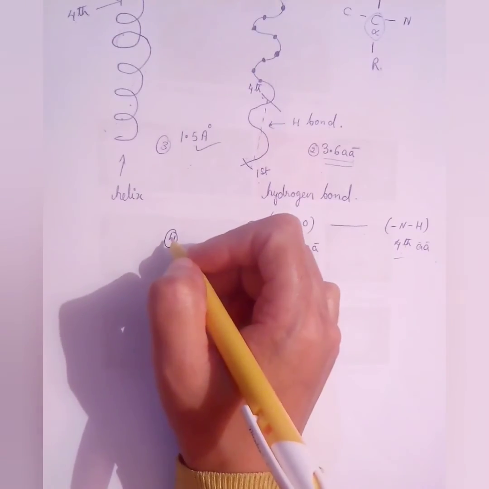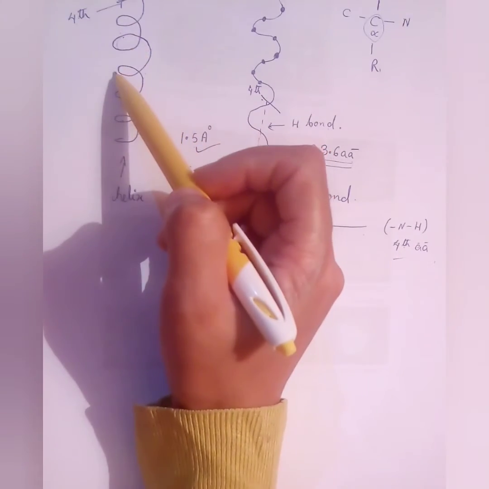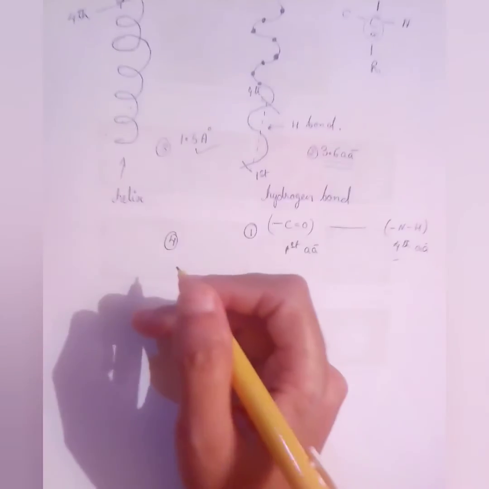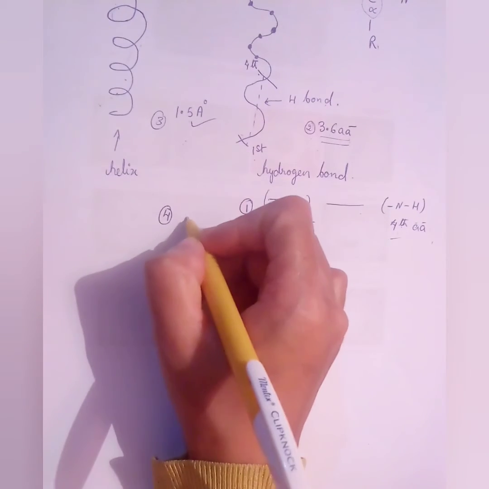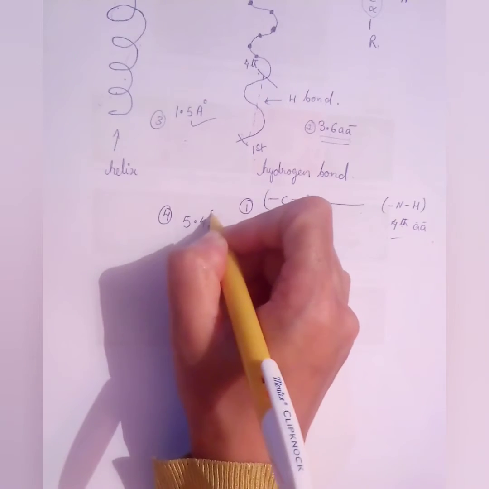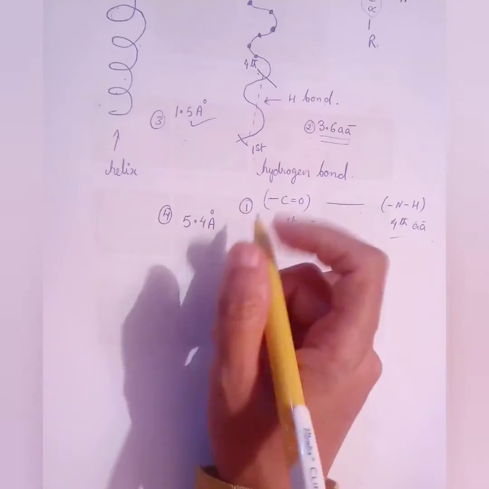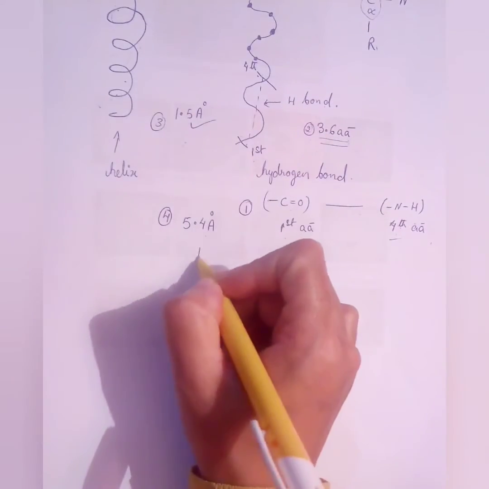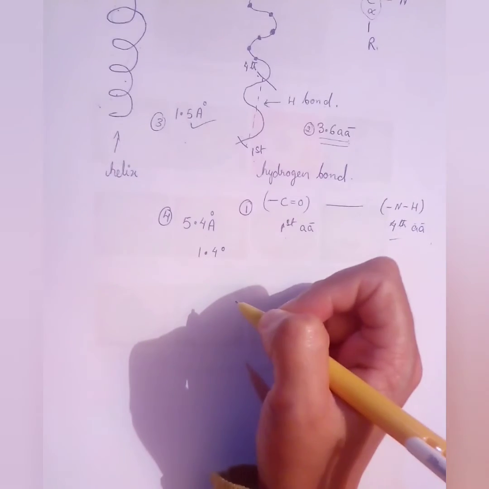Now coming to the fourth point. This structure repeats itself every 5.4 angstrom along the alpha helix, and thus we can say that the alpha helix has a pitch of 5.4 angstrom.